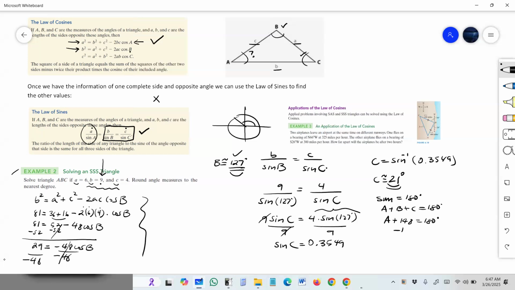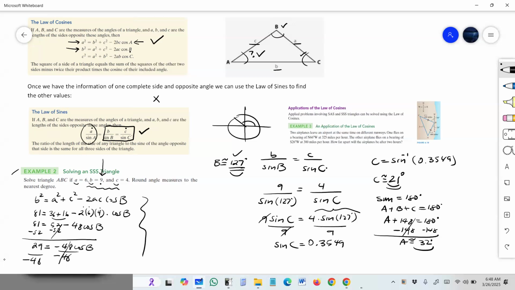So just subtract 148 from both sides, and we get that A is approximately 32 degrees. Okay, so we now found everything that we wanted, all of the sides, all of the angles, and this triangle is solved.